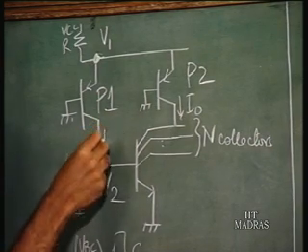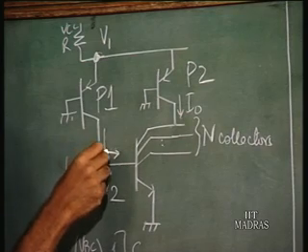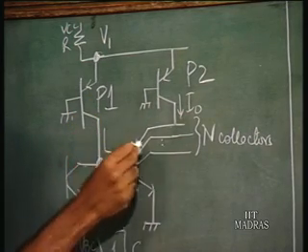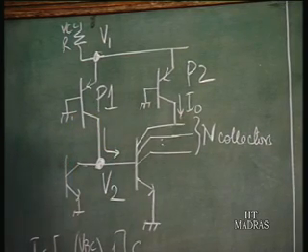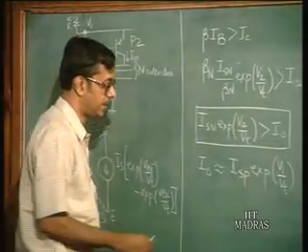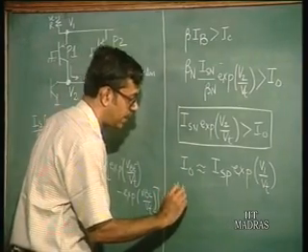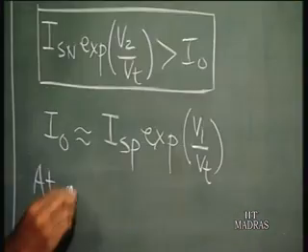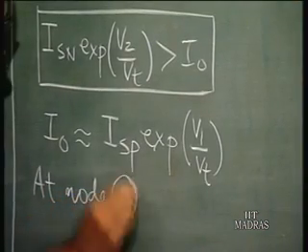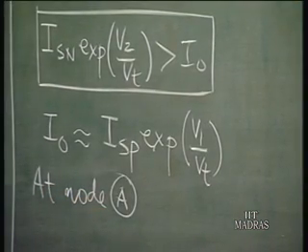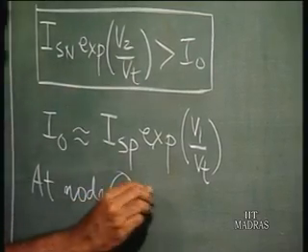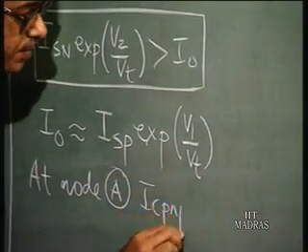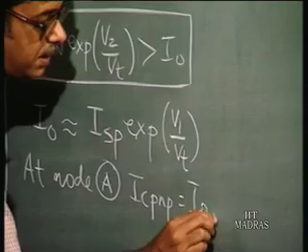So whatever collector current is flowing for the PNP, that is P1, flows in as base current of the NPN transistor. So we can write an expression. I will call this node A. Collector current IC of PNP is equal to IB of NPN.